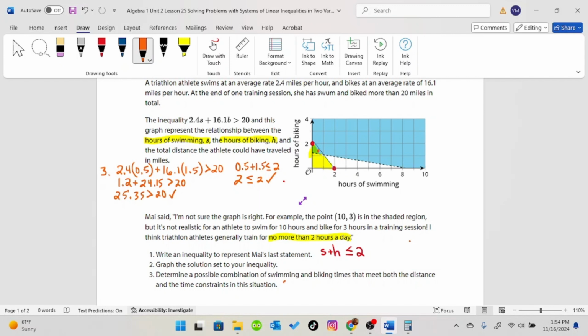So a possible combination, which we have just verified, is (0.5, 1.5). It's in the double shaded region that makes the first one true, and it's on the solid line boundary, which makes the second one true.